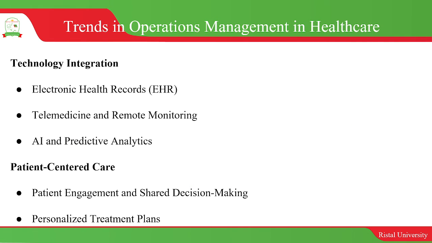Trends in operation management in healthcare. We have technology integration and patient-centered care. For the technology integration, we look at electronic health records, telemedicine, and remote monitoring. AI here stands for artificial intelligence. We know that artificial intelligence is taking over and is becoming an important technology that we can use in healthcare.